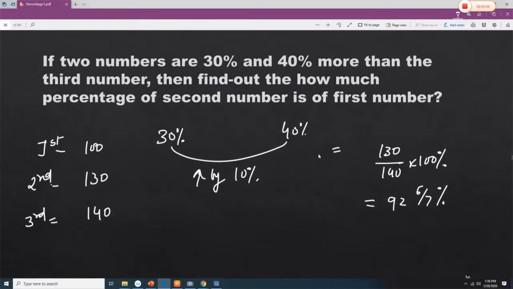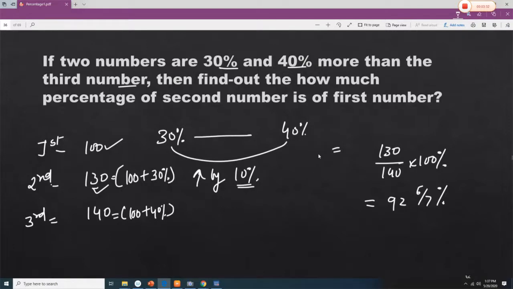If the two numbers are 30% and 40% more than the third number, let's say the third number is 100. Then the first number is 100 plus 40%, that is 140, and the second number is 30% more, so 100 plus 30%, that is 130. So how much is the rise? The rise is 10%. But it is asked how much percentage the second number is of the first number. So we take the first number, 140, as the base, and the second number is 130. How much percentage of the second number is of the first number?